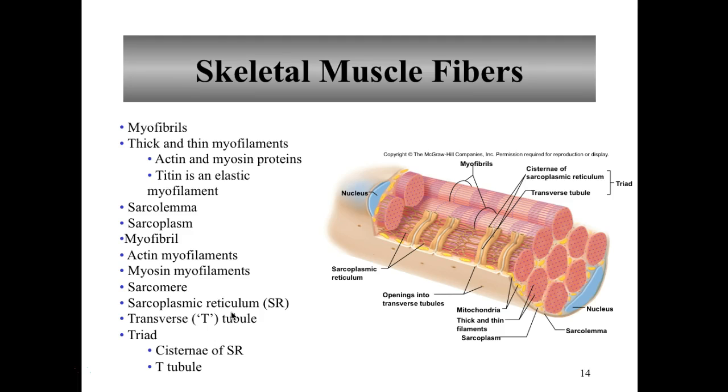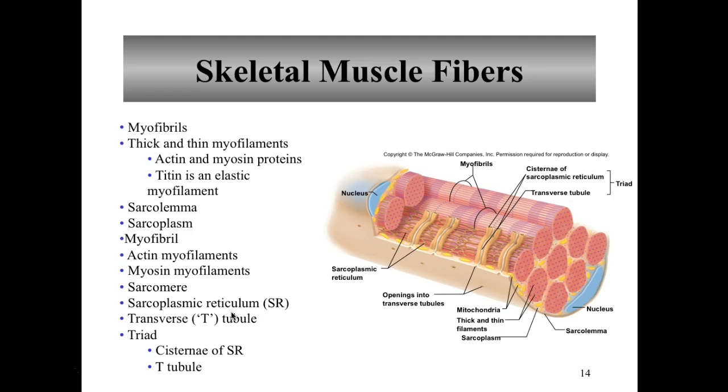So basically, the sarcoplasmic reticulum is, if you recall, a network of membranous channels that's going to surround each myofibril and run parallel to it. So you could see the sarcoplasmic reticulum there in the drawing. It is the same as the ER in other cells. The sarcoplasmic reticulum has a high concentration of calcium ions compared to the sarcoplasm.